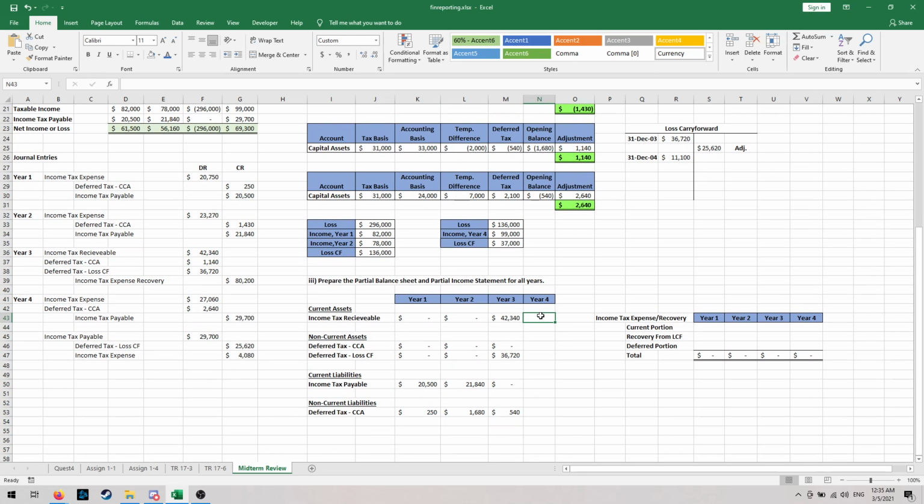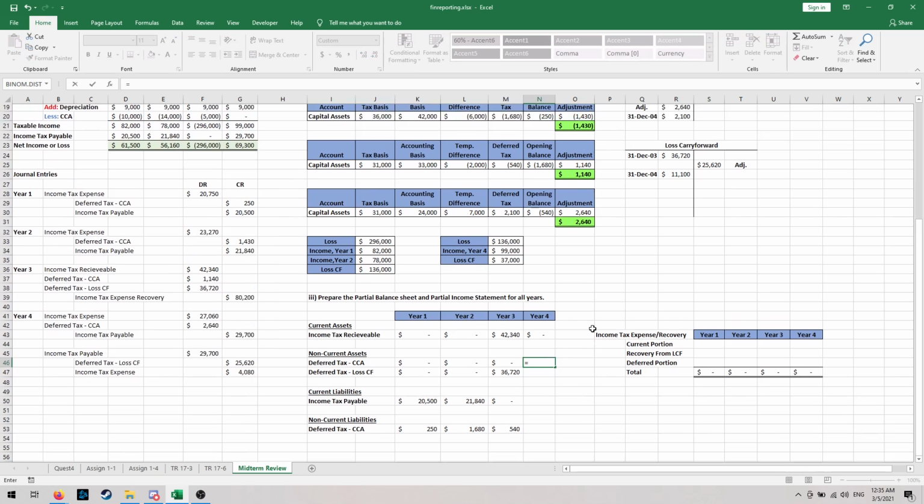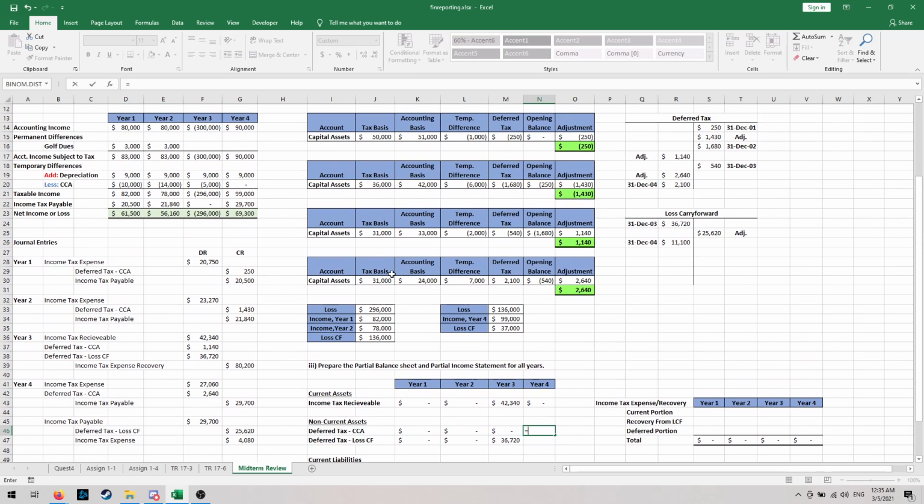In year 4, we didn't have any income tax receivable. We did have a deferred tax asset equal to CCA. Because we didn't take any CCA, our deferred tax now does have a debit balance, so it is an asset.